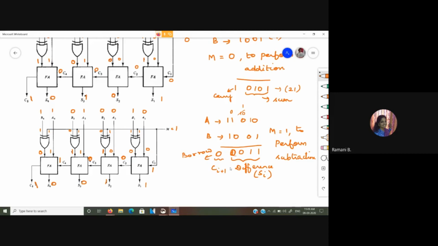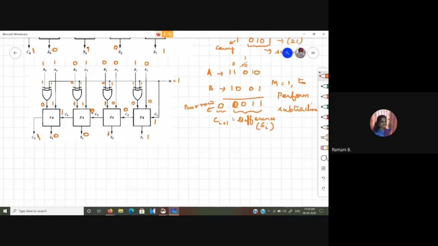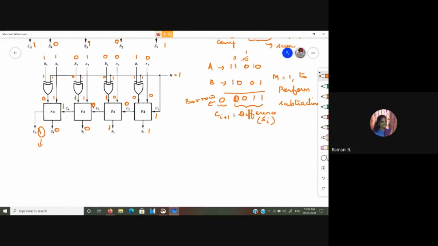If we are going to perform subtraction using 2's complement, you will be getting the end carry, which will be discarded, right? The actual procedure. Do you remember the subtraction using complements?